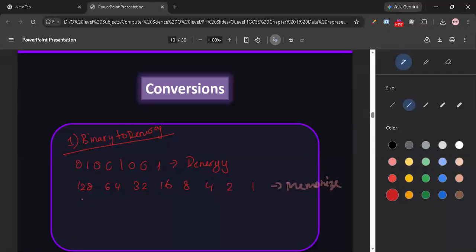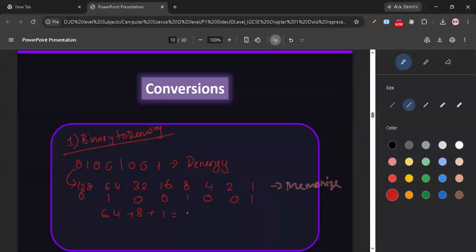Over here, what we're going to do is put the values in. 0 1 0 0 1 0 0 1. So we're just going to add them: 64 plus 8 plus 1.